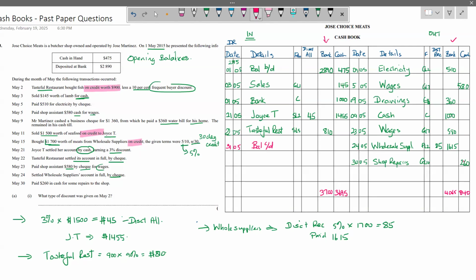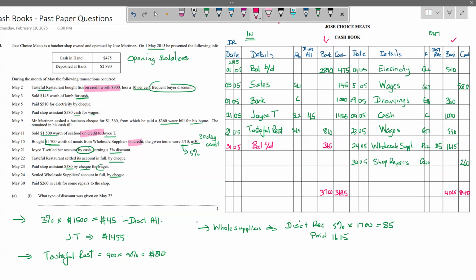The figure that I'm going to put here has to be the difference between 4,065 and 3,700. Because what we're trying to do is we want all of the columns to have the same balance, right? So we have to put 365 here. I got that figure of 365 by subtracting 3,700 from 4,065.